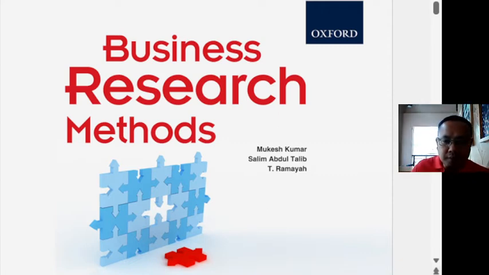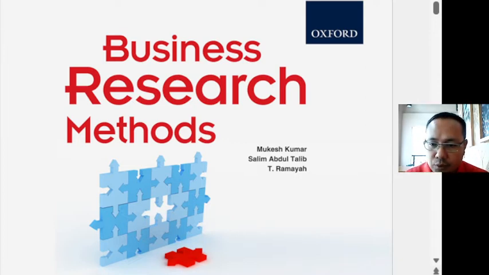The scientific approach, however, is a more systematic and controlled treatment of common sense. Okay, so that's why we do have a scientific approach in research, so that we can come up with our research report properly.